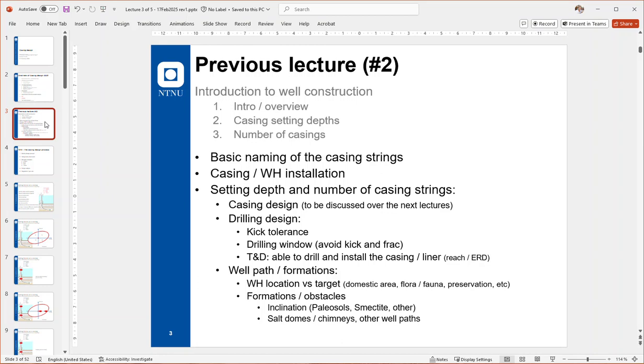And you could also, in some cases, I know that there are some fields that have a salt dome, or it's actually like a chimney, so the pressure becomes very strange through a salt formation, because it's so vertical.